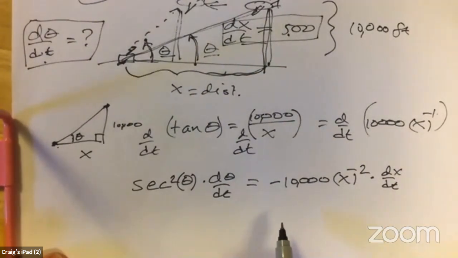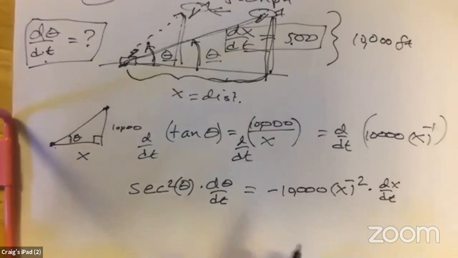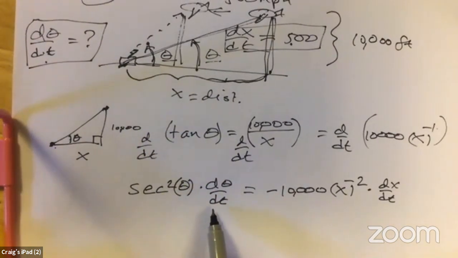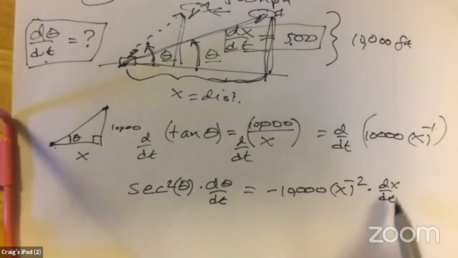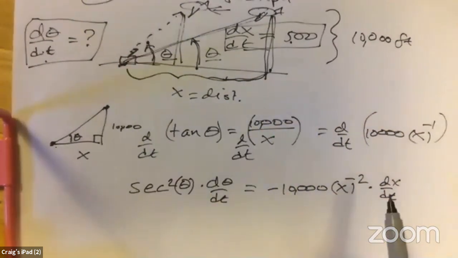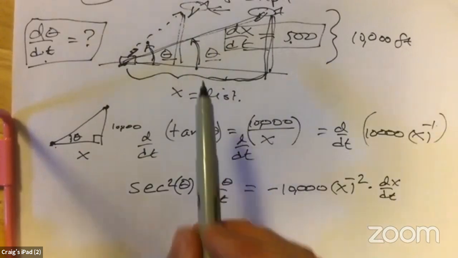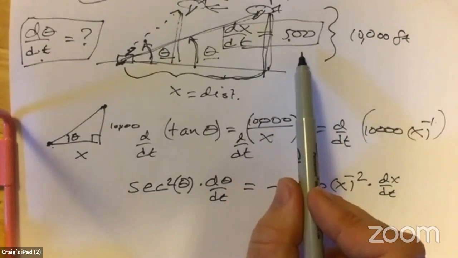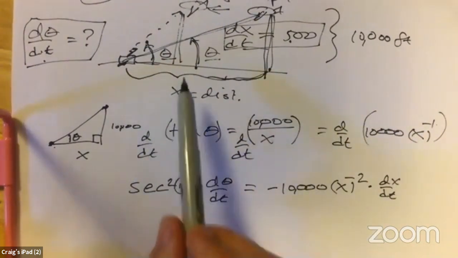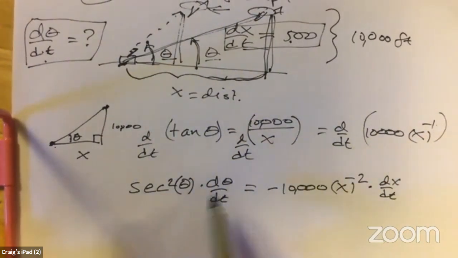So that's the crucial piece: I now have the rate of the angle related to the rate of the distance that we're traveling. And we were already given that the distance changes at a constant rate of 500 miles per hour. So I'm done.